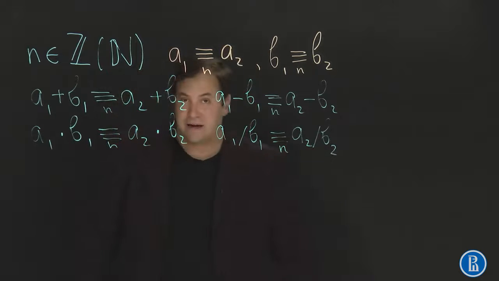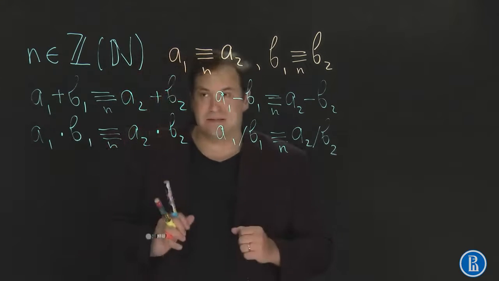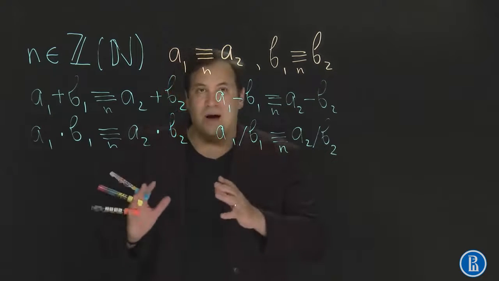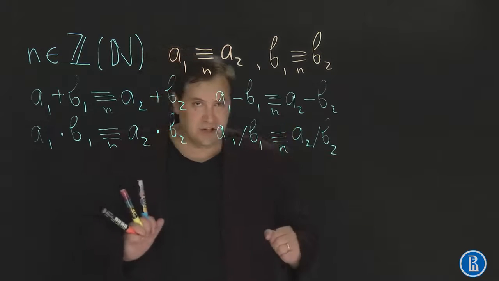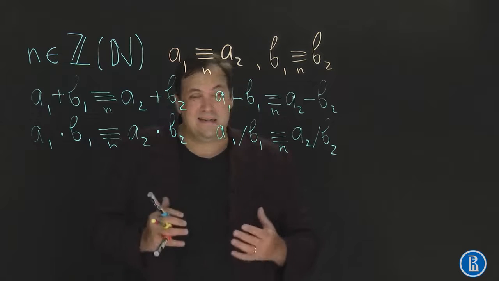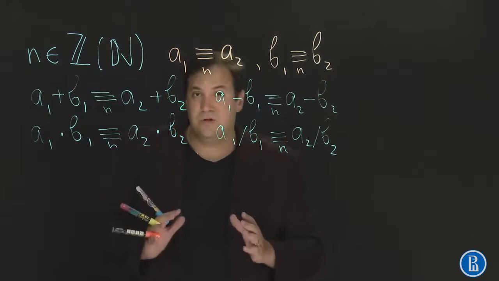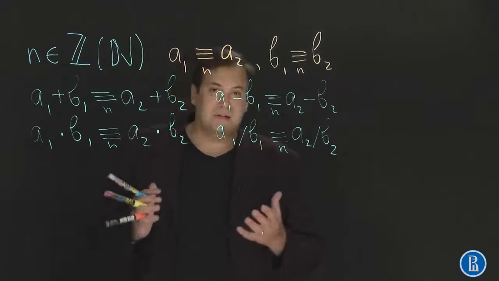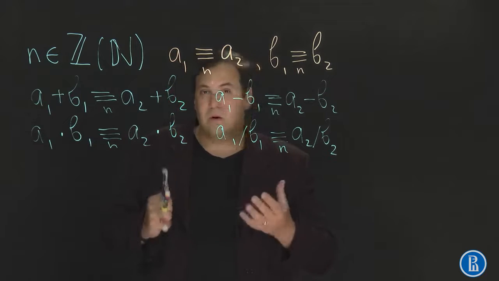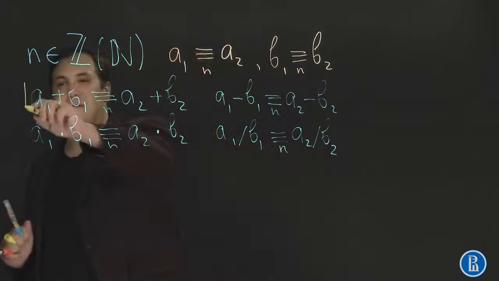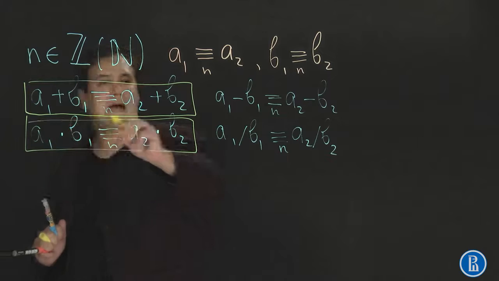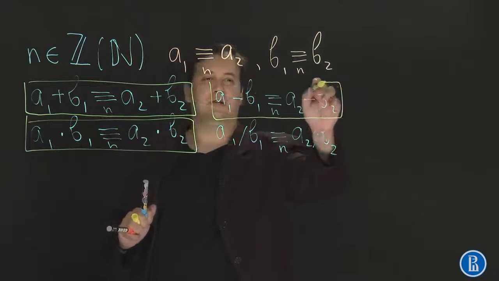So, in fact, three of these properties hold for any four integers a1, a2, b1, b2, satisfying this condition. But one of them, well, I advise you never to use it, or use it very carefully. As you may already have concluded, those three that always hold are about the sum, about the multiplication, and about subtraction.